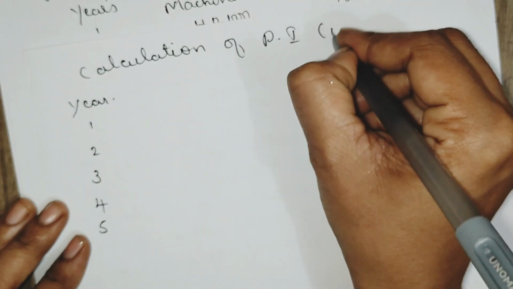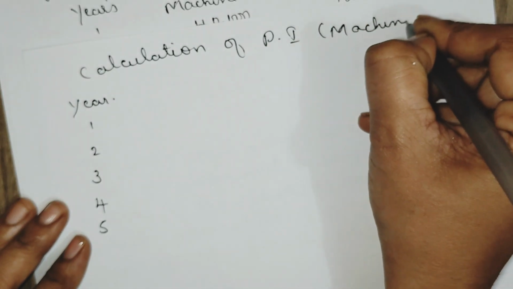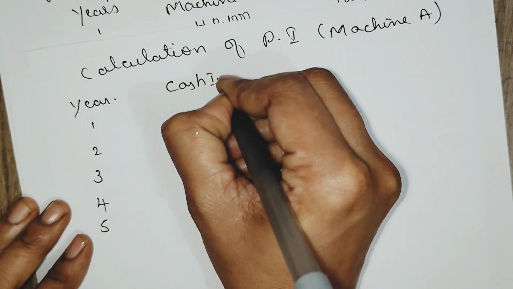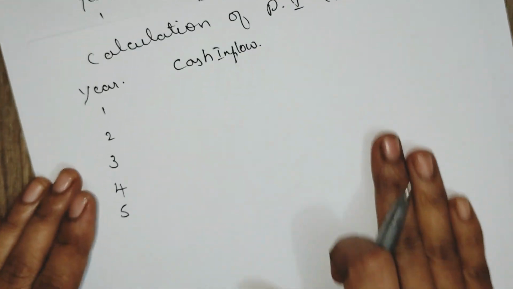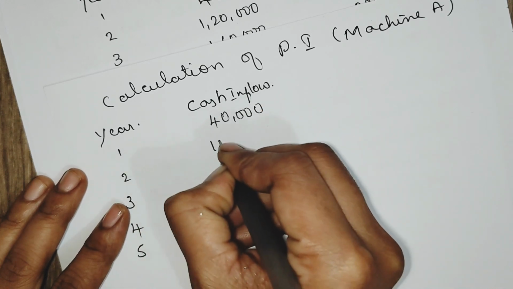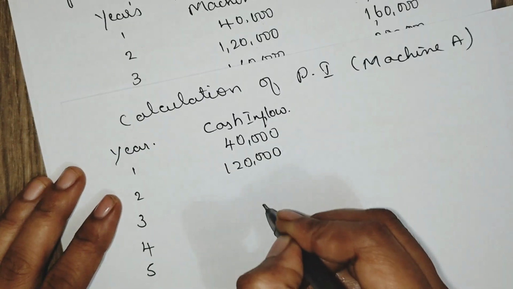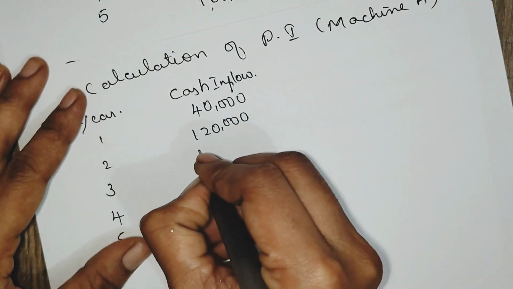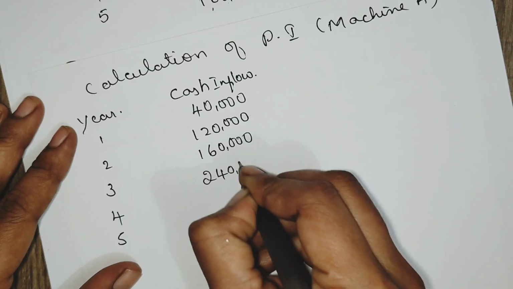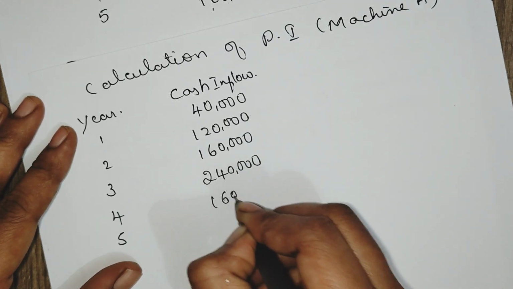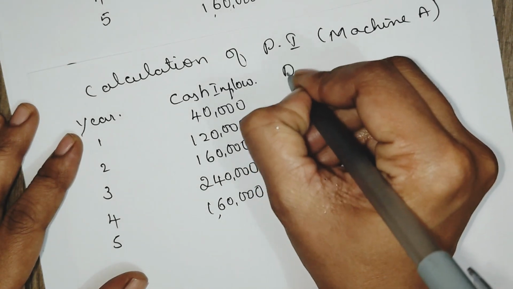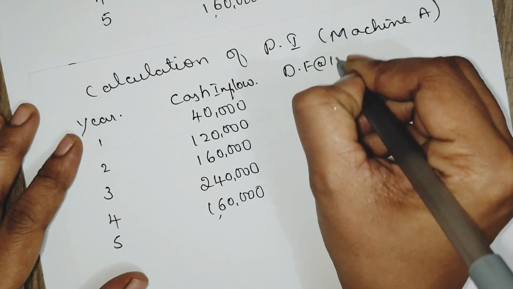First we are calculating for machine A. Cash inflow is 40,000, 1 lakh 20,000, 1 lakh 60,000, 2 lakh 40,000, 1 lakh 60,000. Now the discount factor is at 10%.